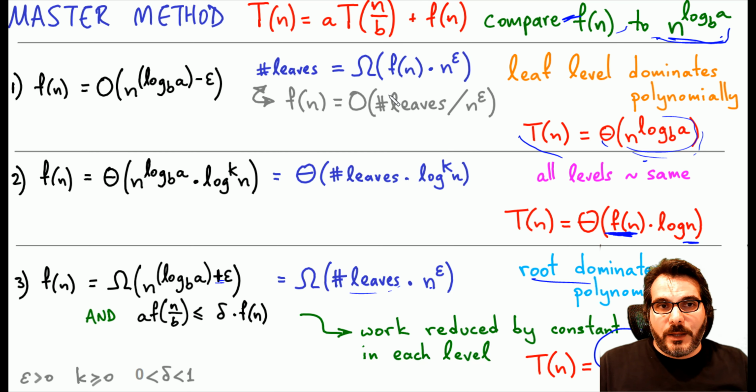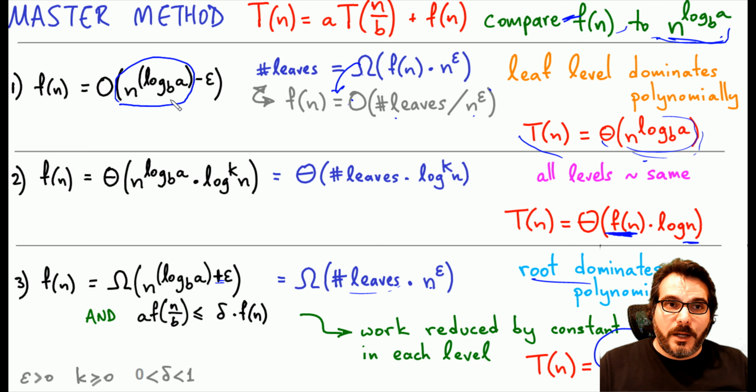For this one you can also represent it with big O notation. So as you see here, you can say big O of the number of leaves over n to the power of epsilon. You're saying, okay, I'm using the number of leaves because they are dominating, so this could be my upper bound, but let's give some room, some very negligible epsilon here.